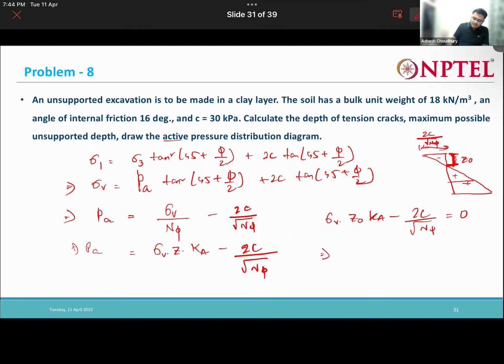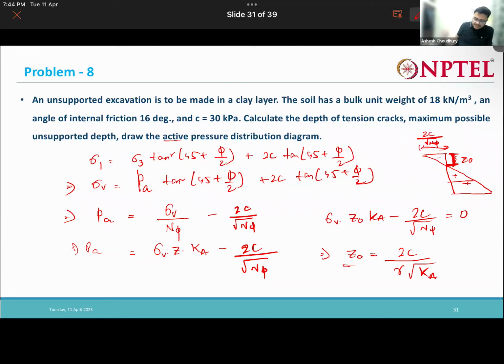From here we will have Z naught equal to 2c by gamma root Ka. So this will be your depth of tension cracks.